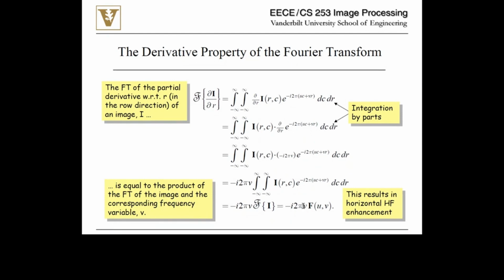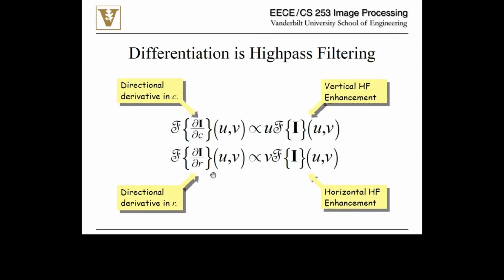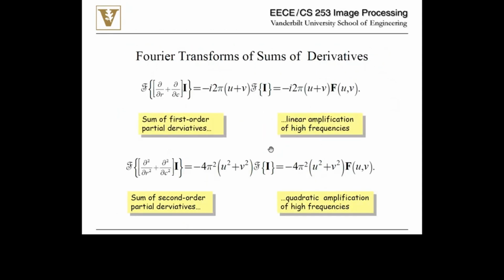If you want to be strictly correct, you have to add it, but otherwise the main ideas are the ones I have told you. And this is the same: derivative in columns, derivative in rows, and then you have to multiply by the corresponding frequency. And this is the Laplacian, actually.